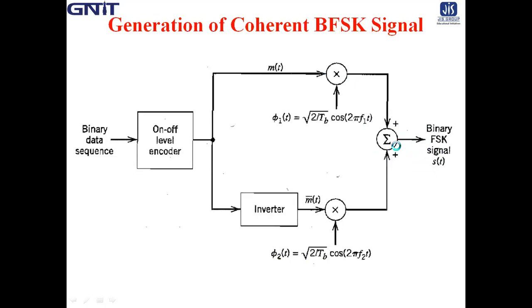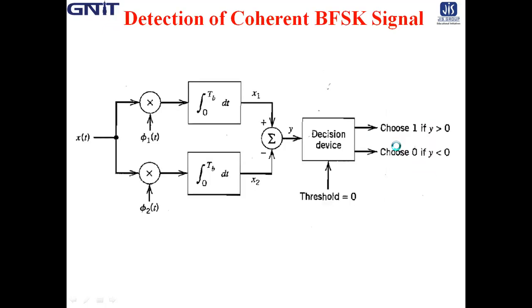Now, how to detect a BFSK signal? See, this is the detection technique of the coherent BFSK signal. To detect the original binary sequence given the noisy received signal xt, we may use the receiver shown here.